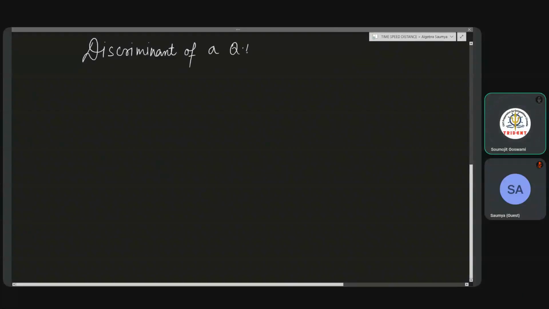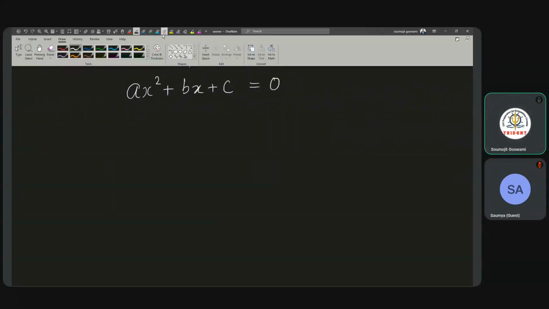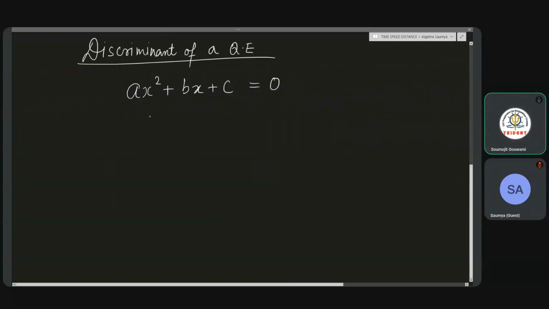Now, what is a discriminant? For the quadratic equation ax squared plus bx plus c equals 0, typically the discriminant is this thing. We indicate the discriminant either by a delta or a D sign, whichever you want to pick. So the discriminant is b squared minus 4ac.